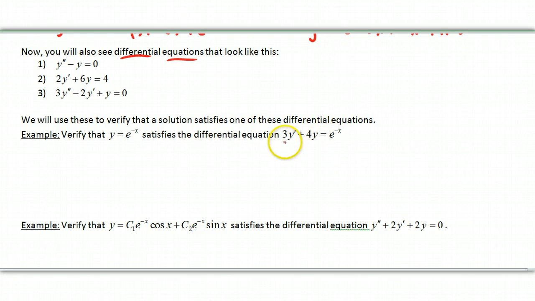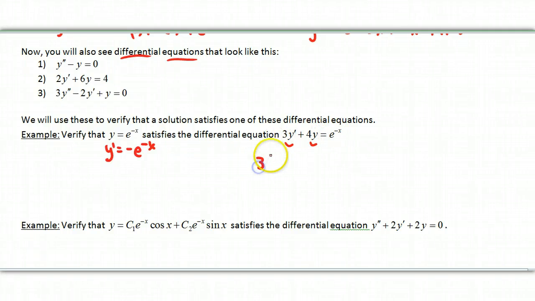Now in order to do that, I need to find y prime, and I need to find y. So I have y, that's no problem, so I'm going to be plugging that in. But I need to find y prime. So y prime is equal to negative e to the negative x. Now what I have to do is put this into this equation and figure out if this is equivalent.